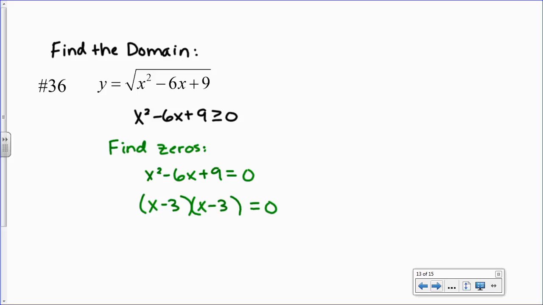Good. Okay, so my zeros are 3. So 3 has a multiplicity of 2.